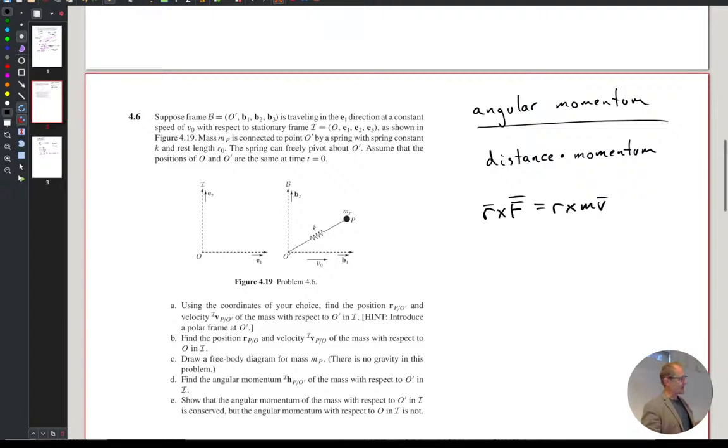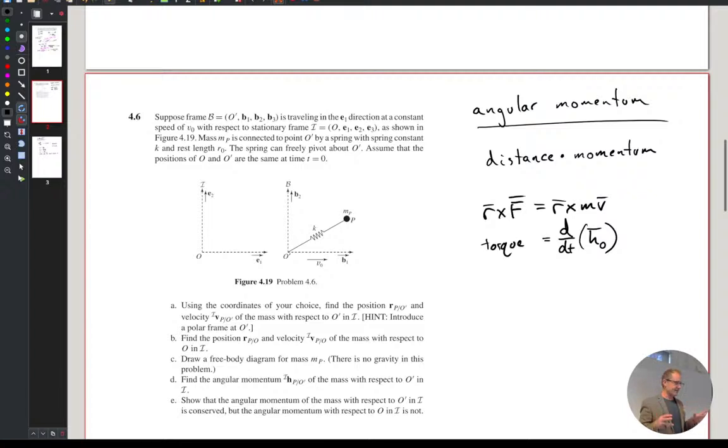So a lot of times this left-hand side, R cross F, the torque, so however much torque we have, or moment, a lot of times it's called moment, that's equal to our change in angular momentum.